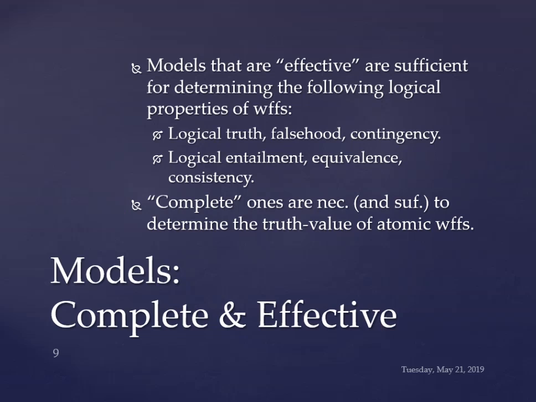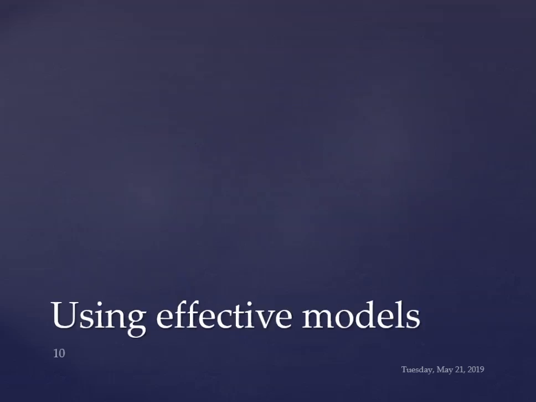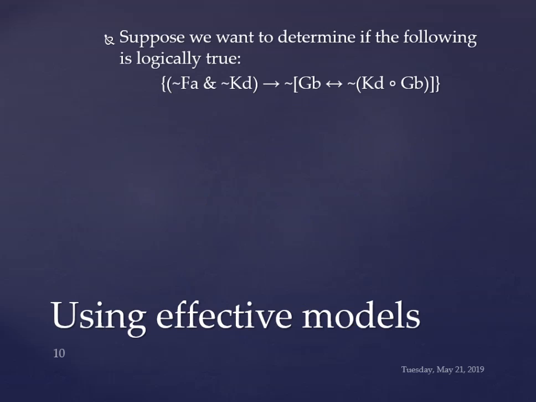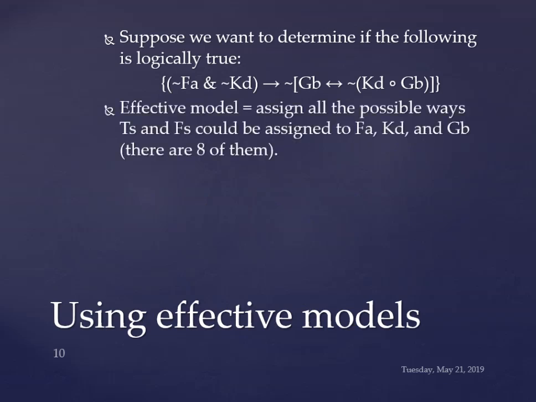To use an effective model, here's what we're going to do. Suppose we want to determine if this is logically true or not. We're just going to use an effective model and assign all the possible ways that T's and F's could be assigned to our atomic formulas. We have three of them: FA, KD, and GB.